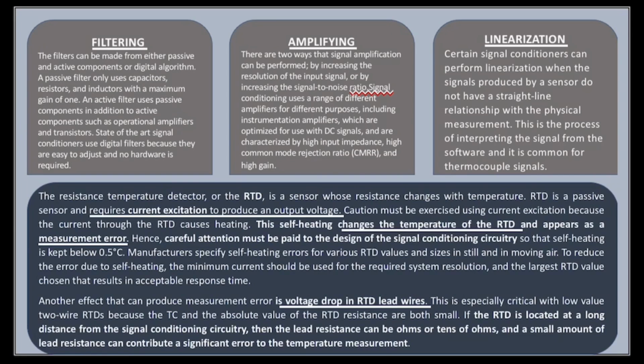If the RTD is located at a long distance from the signal conditioning circuitry, then the lead resistance can be ohms or tens of ohms, and a small amount of lead resistance can contribute a significant error to the temperature measurement.